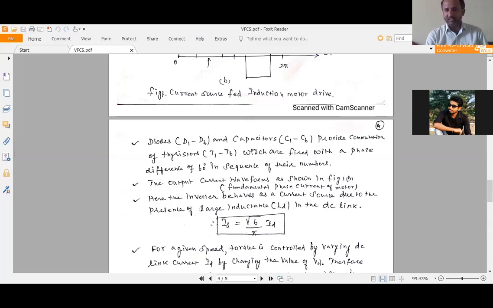Diodes D1 to D6 and capacitors C1 to C6 provide commutation of thyristors T1 to T6, which are fired with a phase difference of 60 degrees in the sequence of their numbers. So the diodes and capacitors provide the commutation of thyristors, which are fired with a phase difference of 60 degrees in sequence of their numbers.